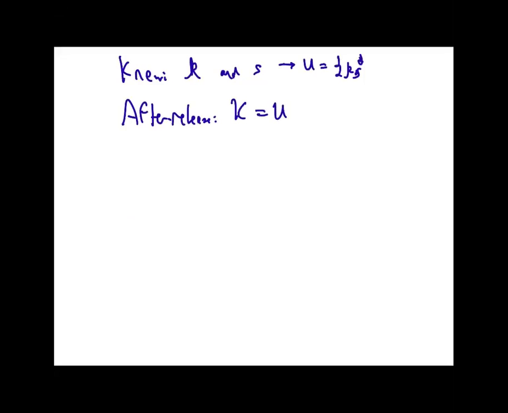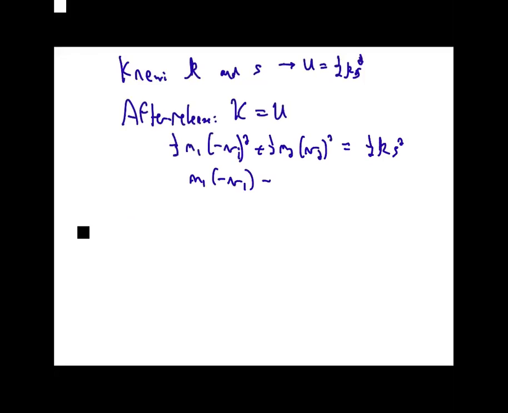So you'd be able to say 1/2 m1 times the speed of 1 squared plus 1/2 m2 times the speed of 2 squared is equal to 1/2 the spring constant times the separation squared. And you also know that m1 times minus v1 plus m2 times v2 is 0, because this is energy conservation. And this is momentum conservation.